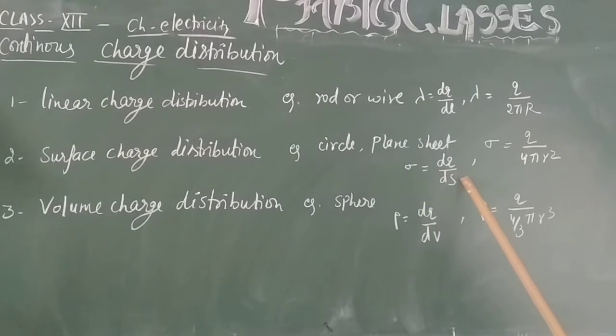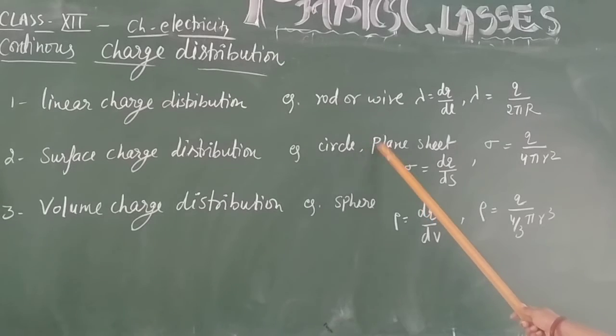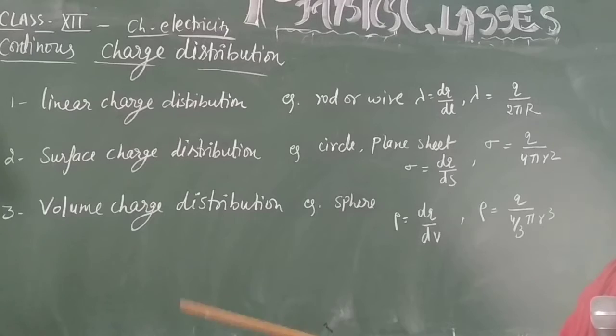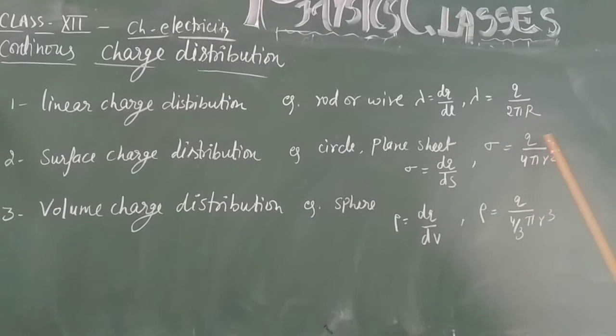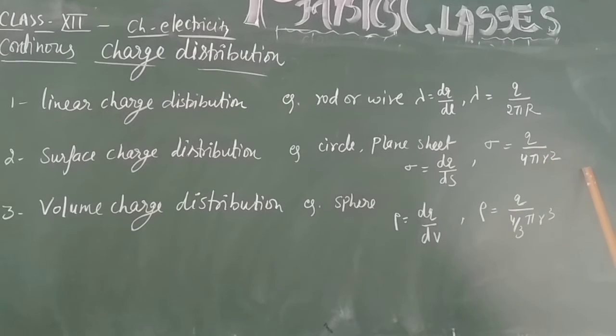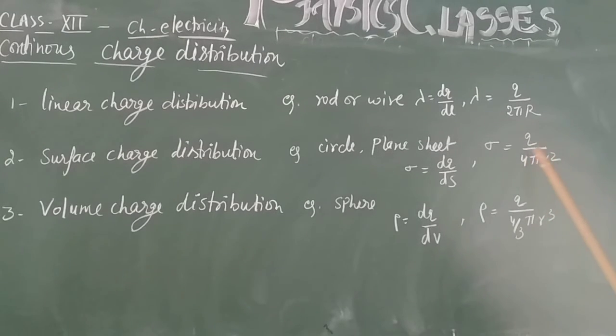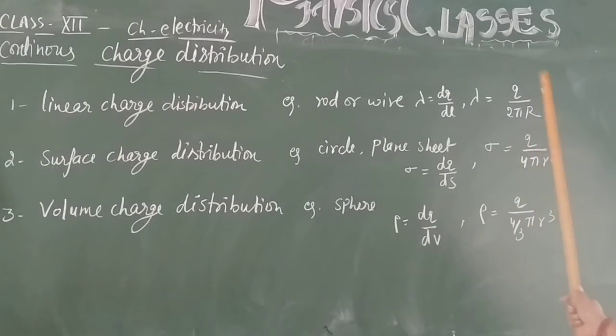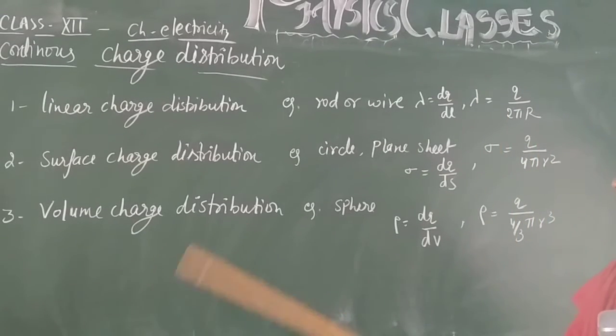If the charge is distributed along the surface of a sphere, then surface charge density sigma is equal to q upon 4 pi r square, where 4 pi r square is the total surface area and q is the charge distributed on it.